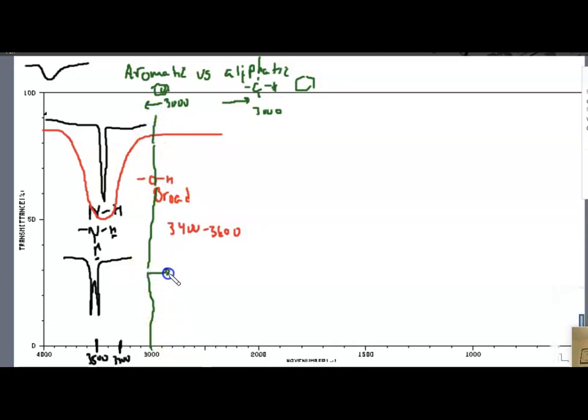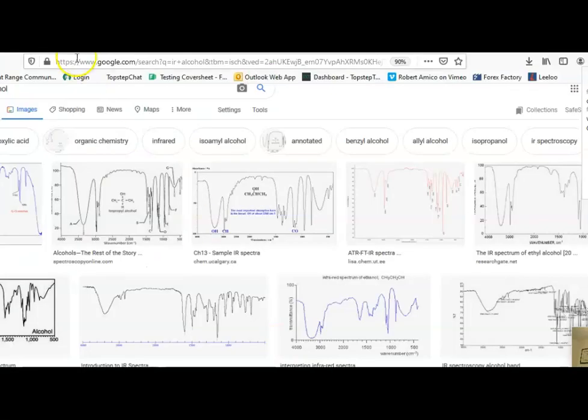Things just to the right are the aliphatics, and things just to the left are aromatics. Literally, it's right at that 3000 line. These are very sharp, so you'll see a whole bunch of peaks here. Very sharp peaks for an aromatic too. All right, so let's look at those.